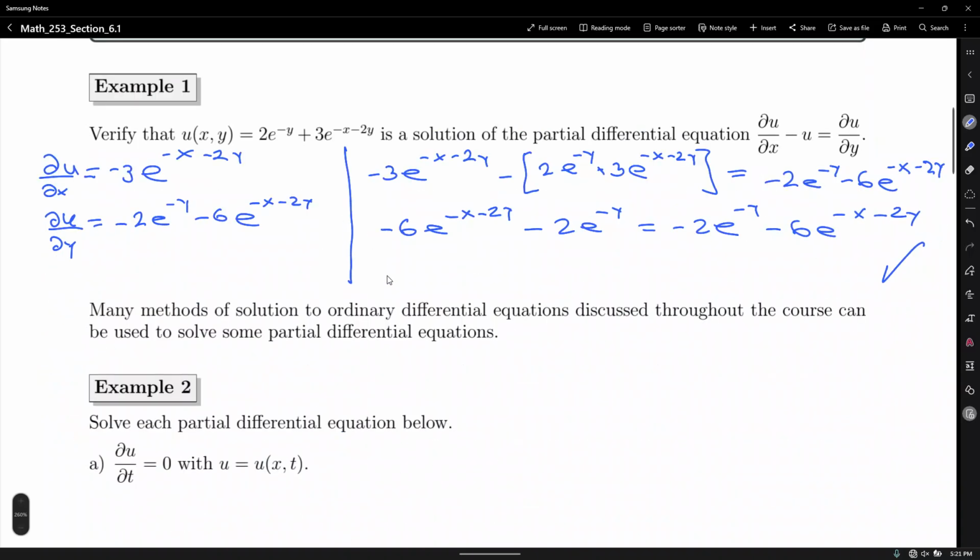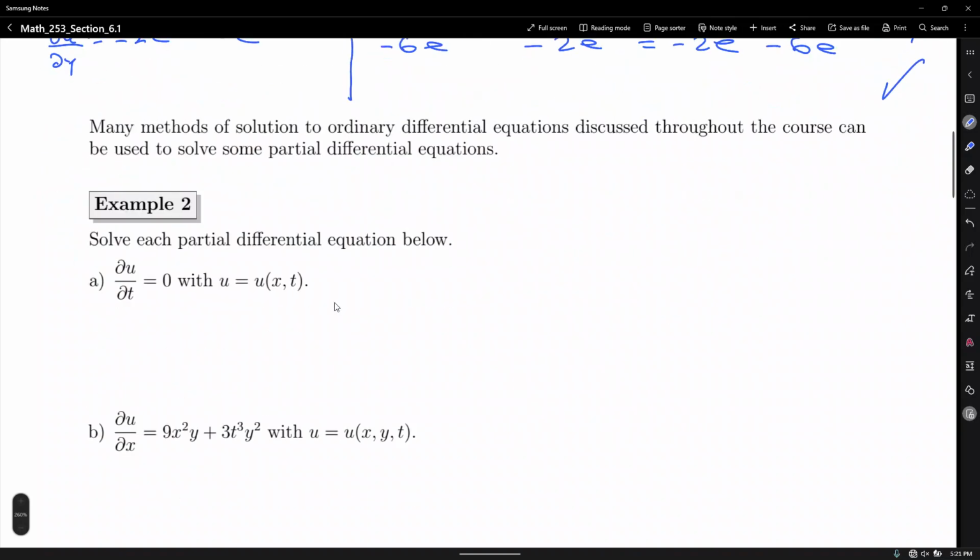In the meantime, it turns out that many methods that we learn to solve ordinary differential equations can also be used to solve some partial differential equations, like the usual separation of variables, or even some of the elementary higher order partial differential equations that may resemble some of the ODEs. Okay, let's just get to solving some PDEs here.